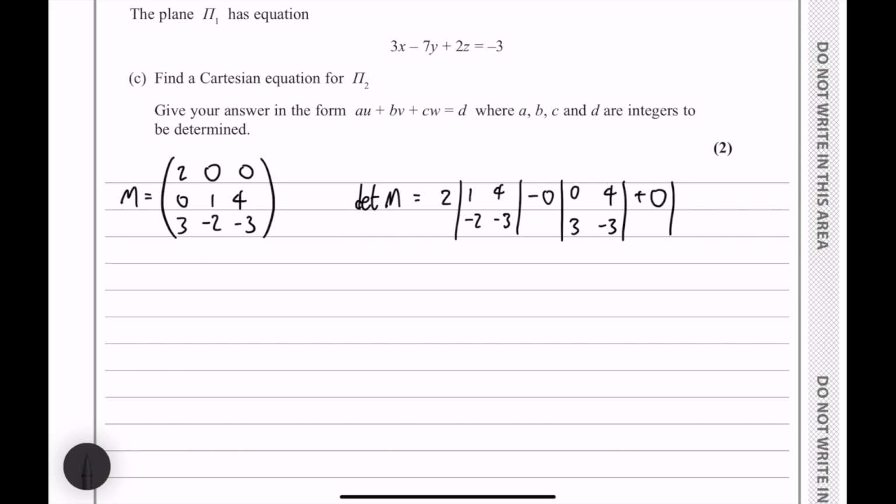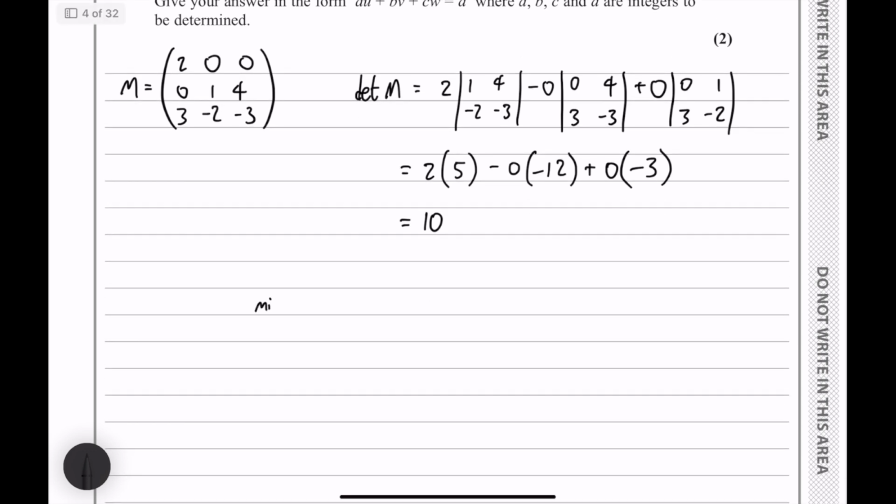Same with this one, 0, 1, 3, minus 2. So I wouldn't normally work those out if we just needed the determinant. We've got 2 lots of minus 3 minus minus 8 is 5. We've got 0 minus 12. And finally 0 minus 3. So that just gives me a 10 there for the determinant.